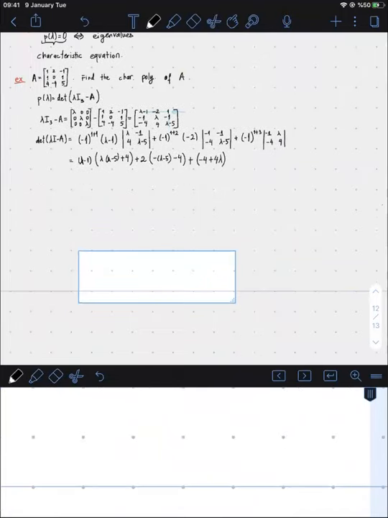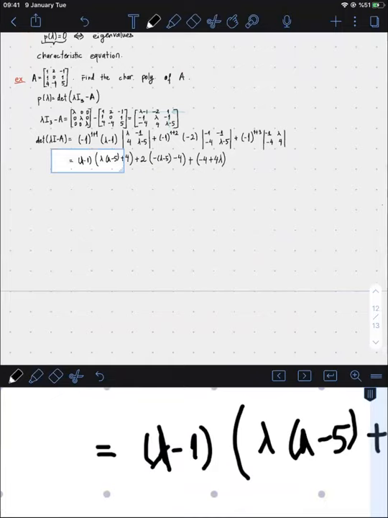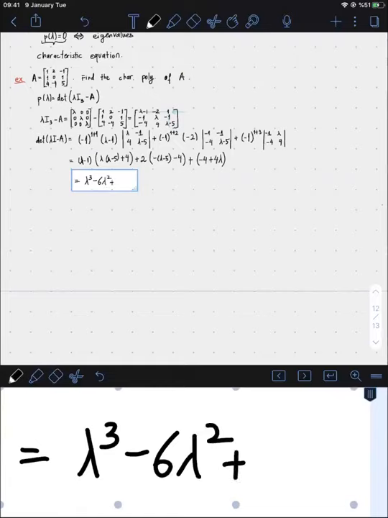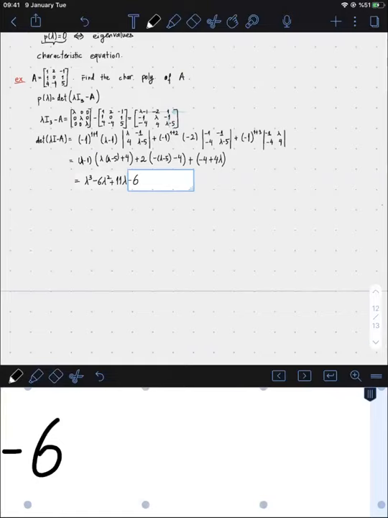After some simplification, which I won't be doing here, I just wanted to show you how it goes, we end up with this cubic polynomial: lambda cubed plus 6 lambda squared plus 11 lambda minus 6. And the roots of this will be the eigenvalues.